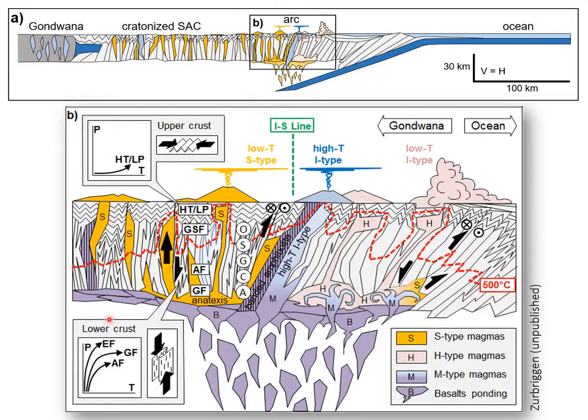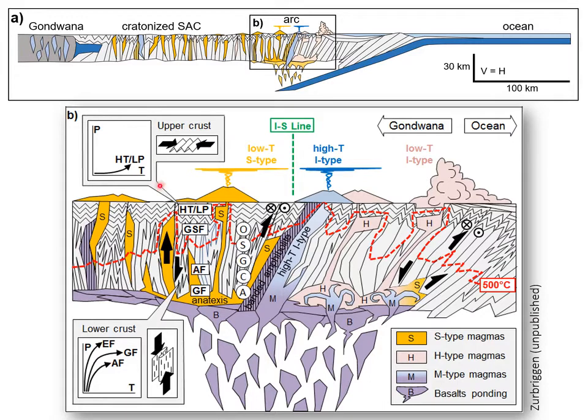This model shows another detail which I did not discuss up to now, that probably the upper crust or the upper parts of such a subduction-accretion complex show a different PTt path compared to what happens in the lower crust.